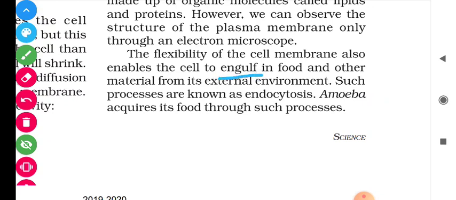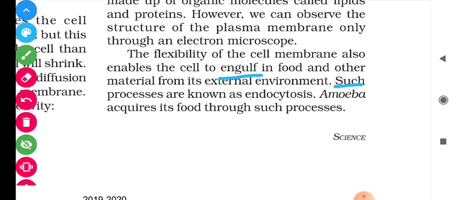Engulf means to take in the food, which is solid substances. So the cell can also take in solid particles through the plasma membrane. Such processes are known as endocytosis.